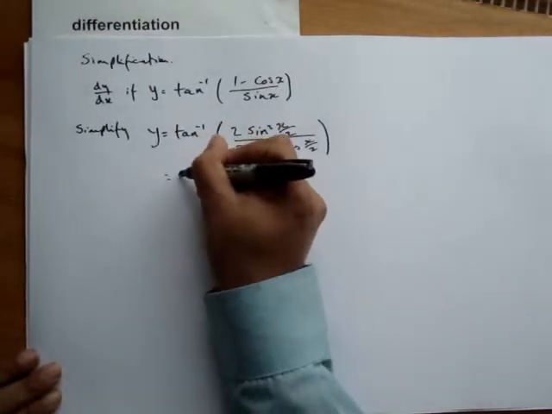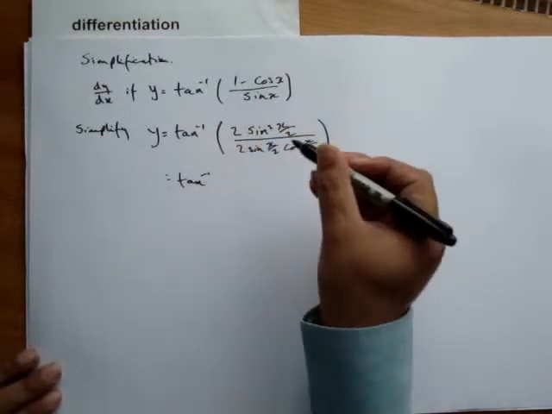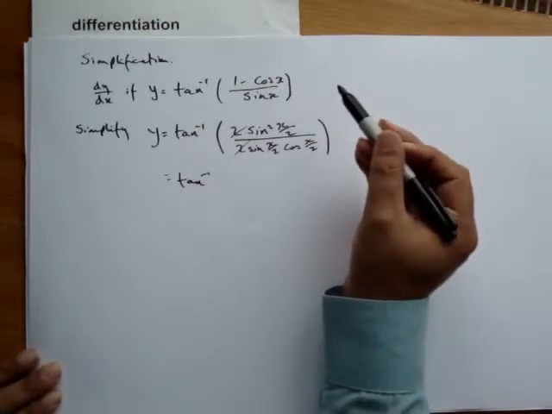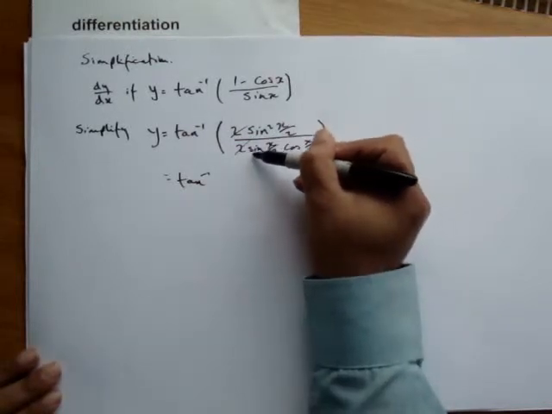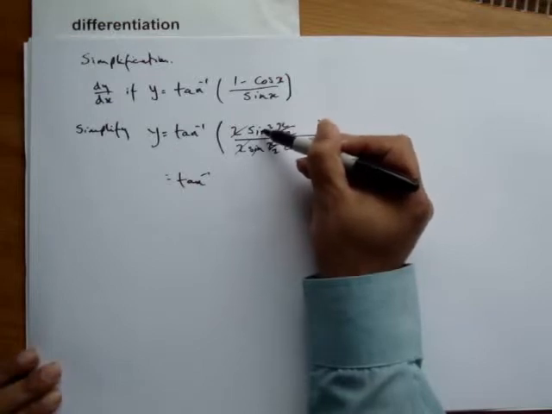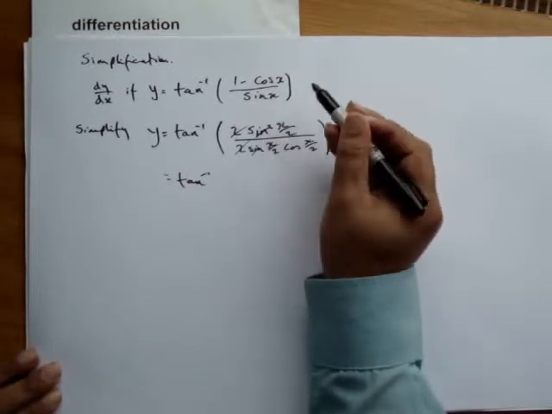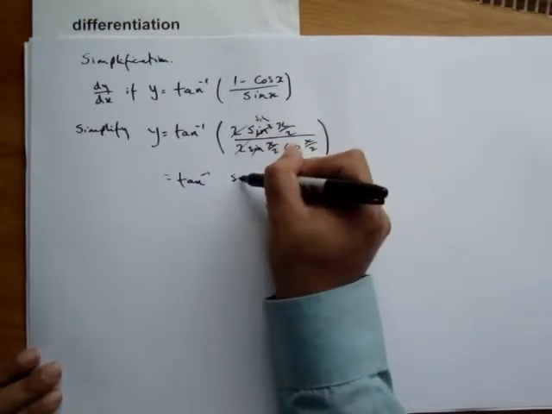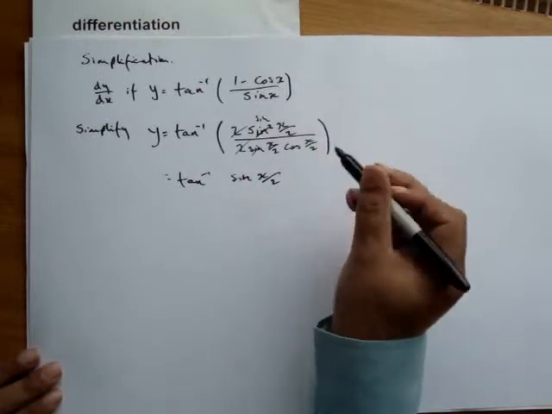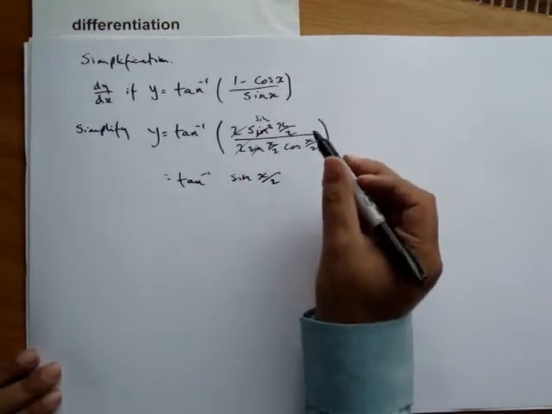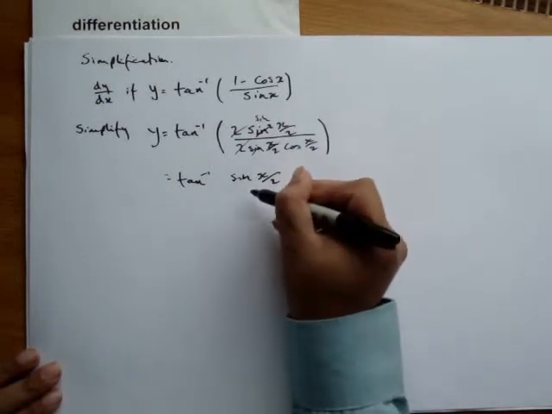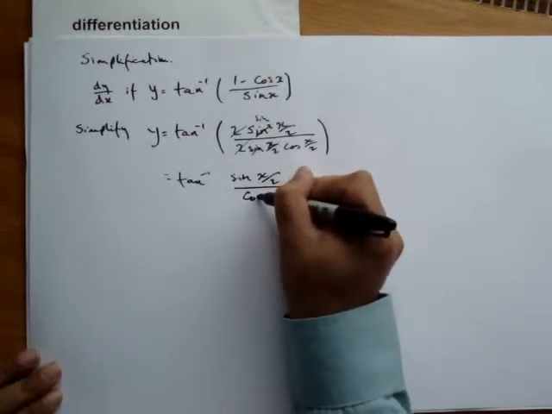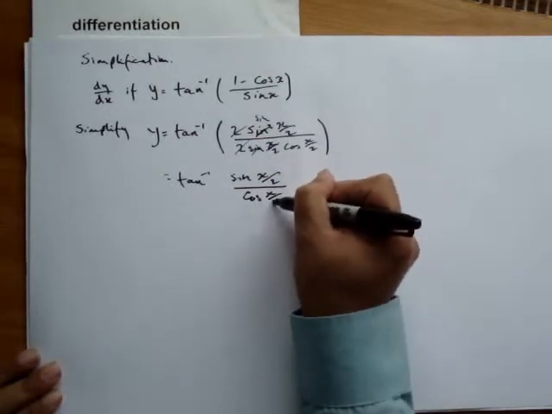So this equals tan minus 1, these 2's cancel, and this sine cancels with this, leaving one sine, so that's sine x over 2, and this leaves us with cos x over 2.